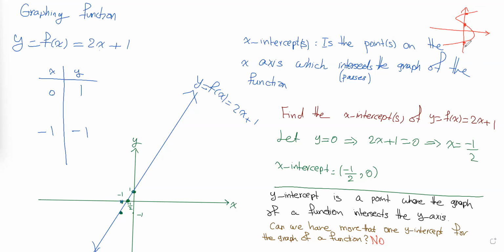Even if you don't remember the vertical line test, imagine you have 3 points. Let's say this is -1, this is 2, and this is 3, just as an example. So your function passes through the points (0, -1), (0, 2), (0, 3). For one input, you have 3 outputs. Is it possible?